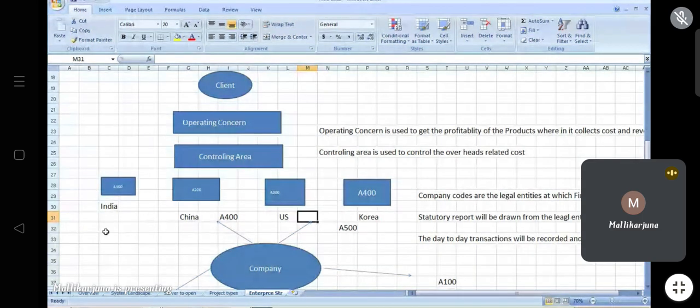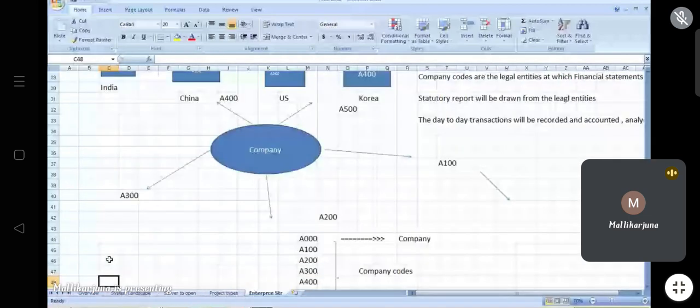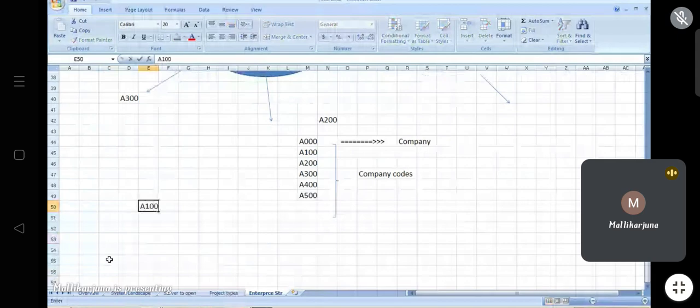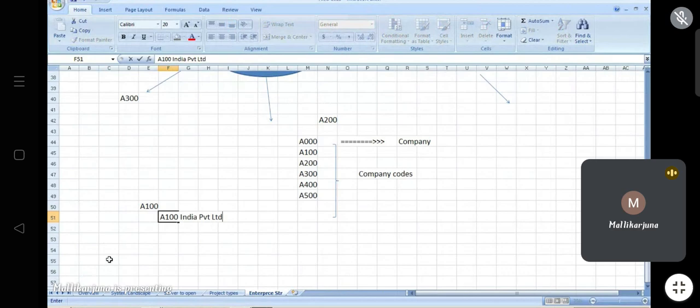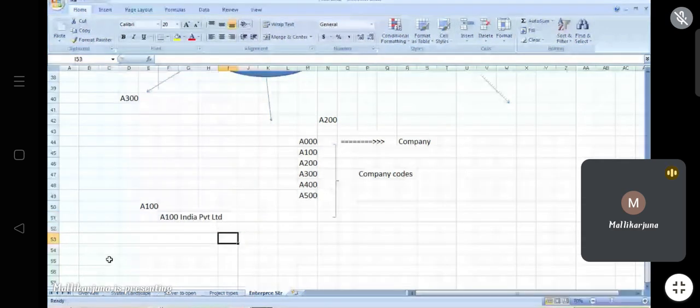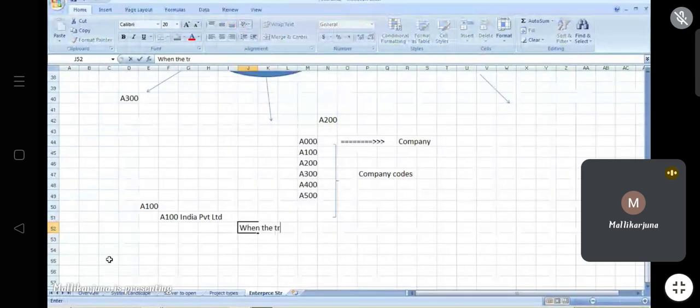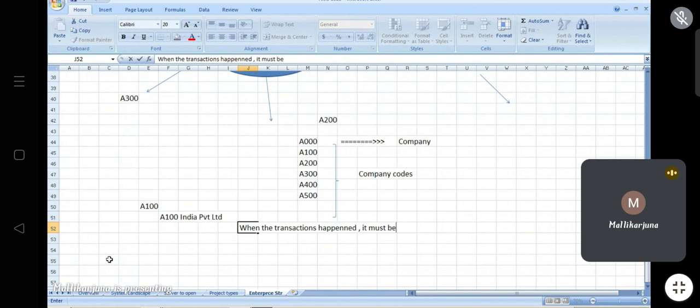Let's say when transactions happen in A100, India Private Limited, which is registered in India, they must be recorded in the India company code, since these transactions happened in India.